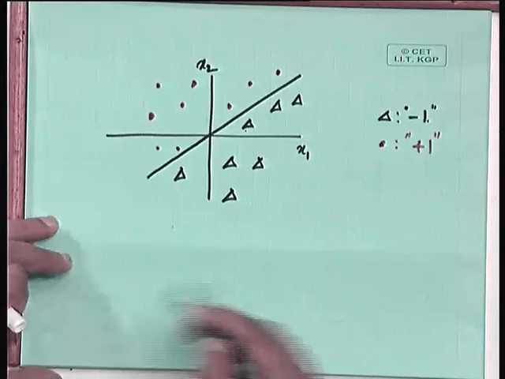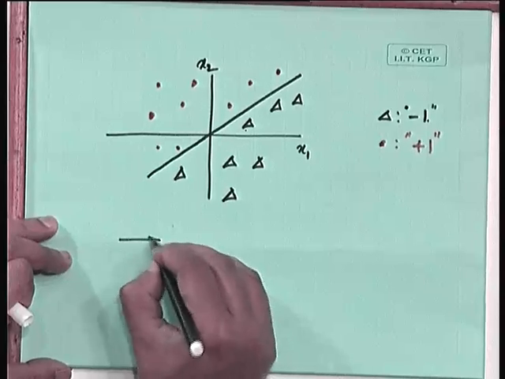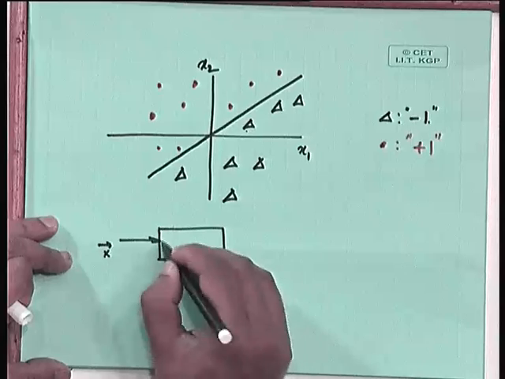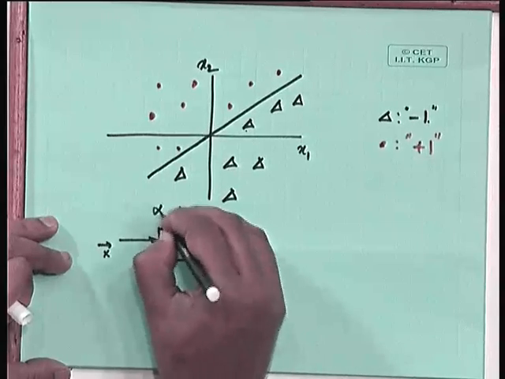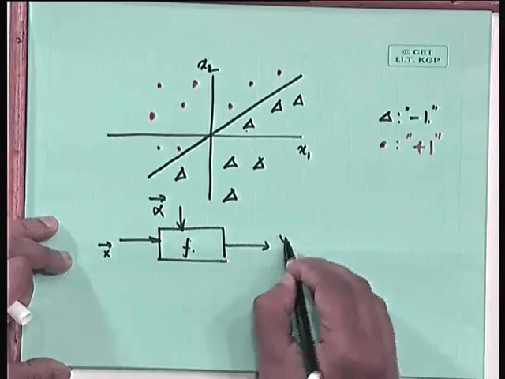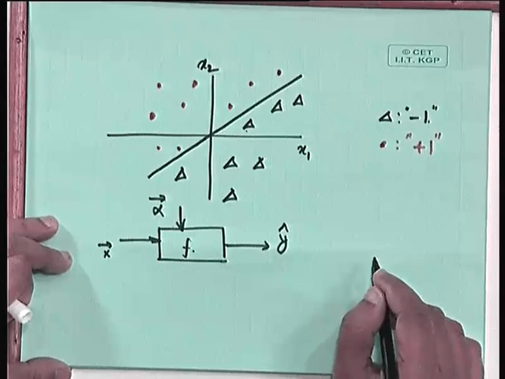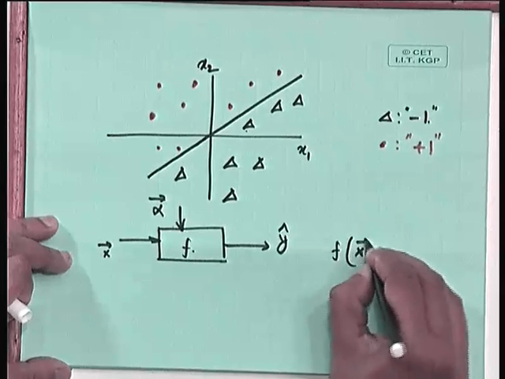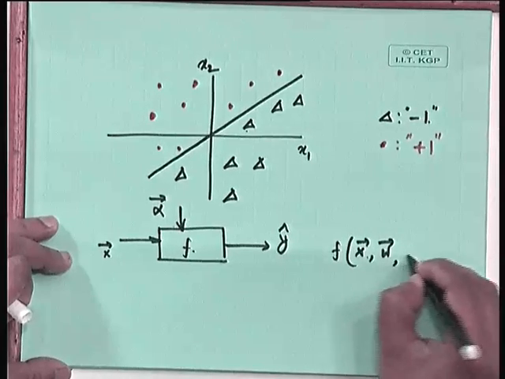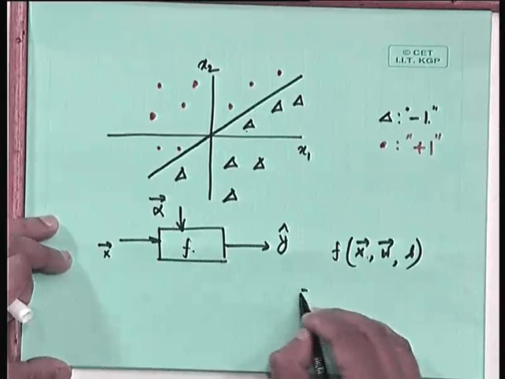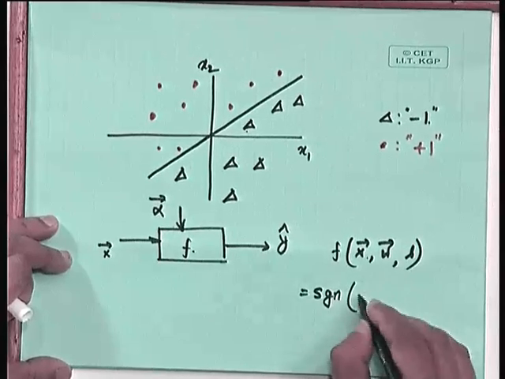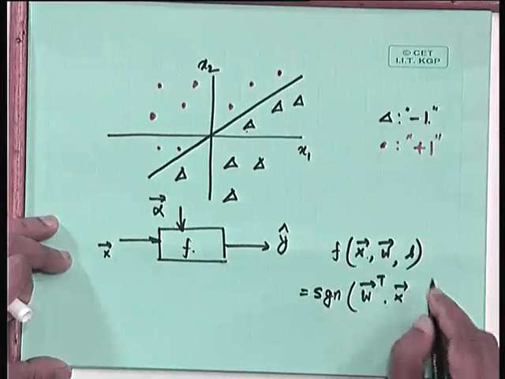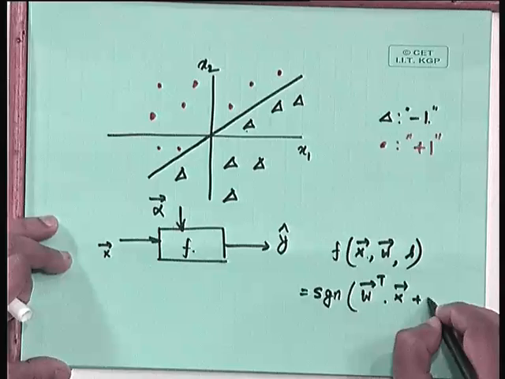Now, just to complicate matters a little bit, in the same learning machine we take x vector, the function f, alpha the set of adjustable parameters, and y cap the estimated output. We take a function f of x vector, w vector and b, and we define the function as the signum function of w vector transpose dot x vector plus b.